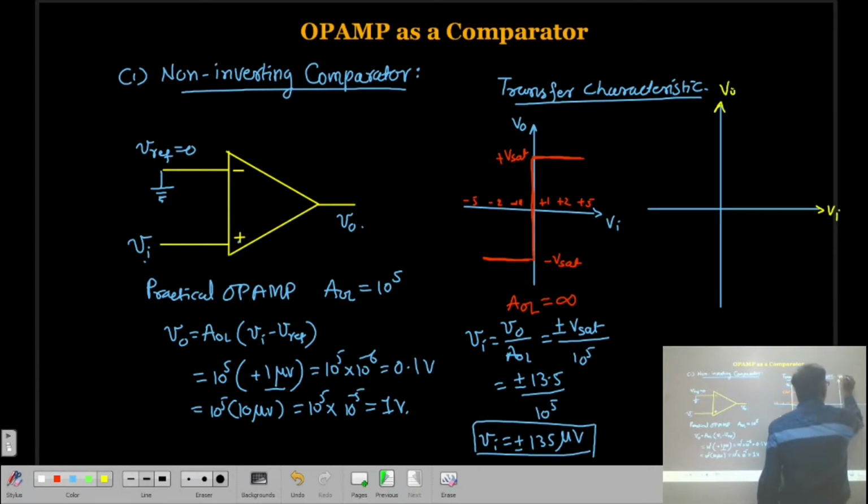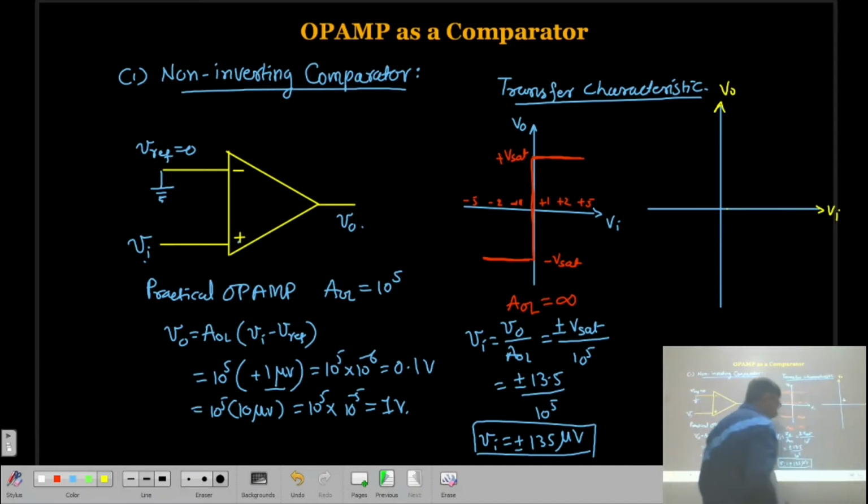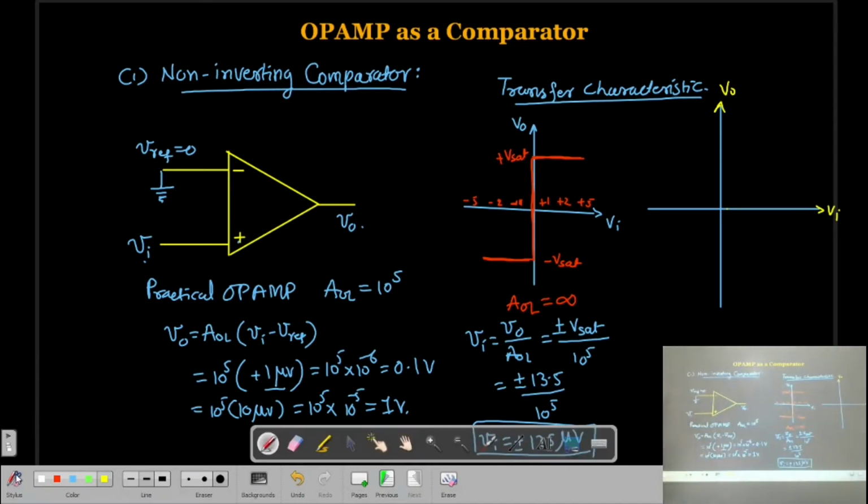We have this output voltage Vo, and here this is 1 microvolt, 2 microvolt, 10 microvolt, 135 microvolt. So for all these values, the output of the op-amp is going to increase linearly. Remember. And then after, it will be in saturation.